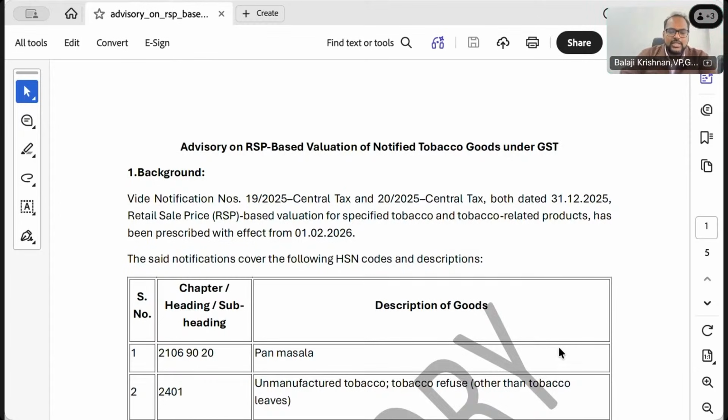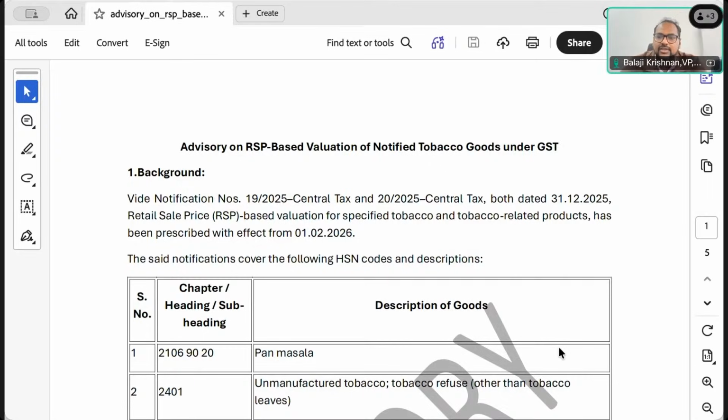Now for these goods, GST liability is required to be calculated with reference to the retail sale price printed on the package. This legal change has created a practical reporting challenge for us.